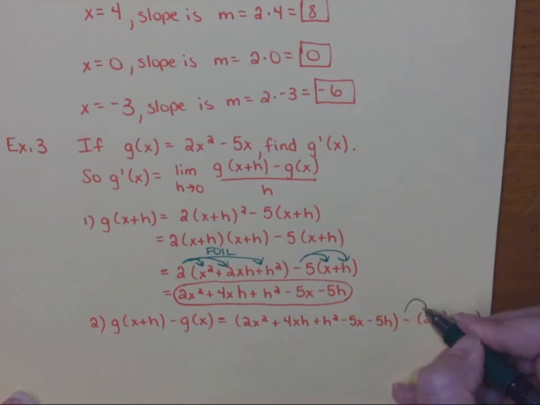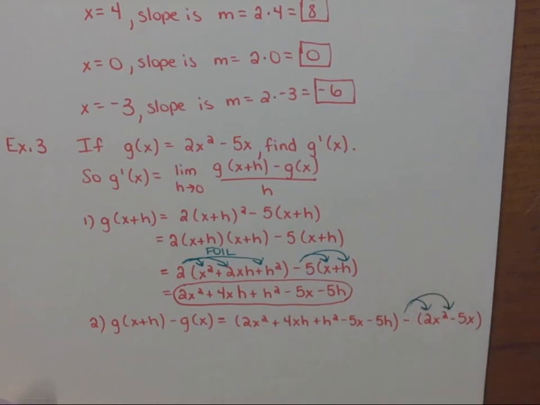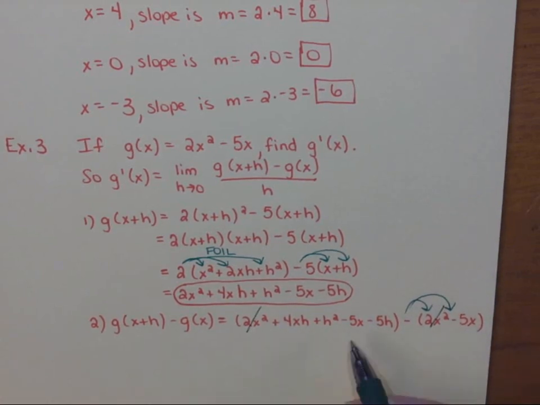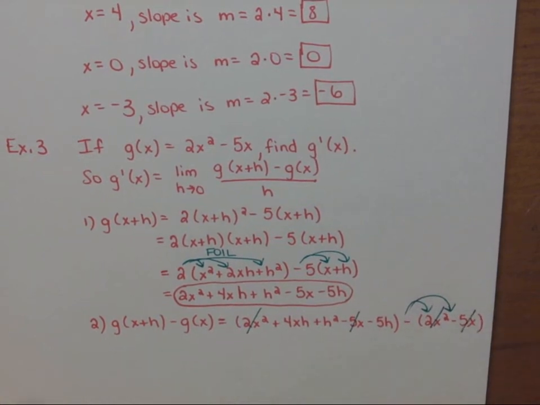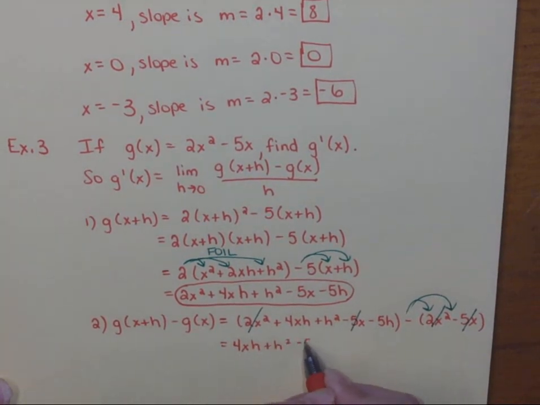Rather than writing out another step, I'm just going to realize in my head that these signs are going to change. So I'm going to have 2x squared minus 2x squared, that's gone. I'm going to have minus 5x, and then minus a negative is going to change to plus, so that's also gone. So I will have left 4xh plus h squared minus 5h. Okay, so step number 2 is done.